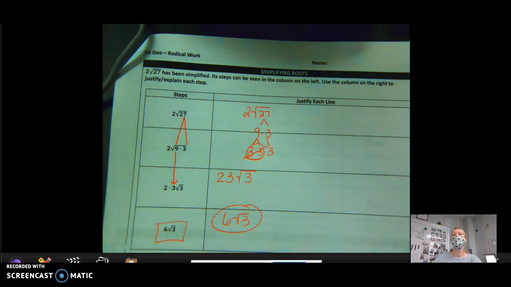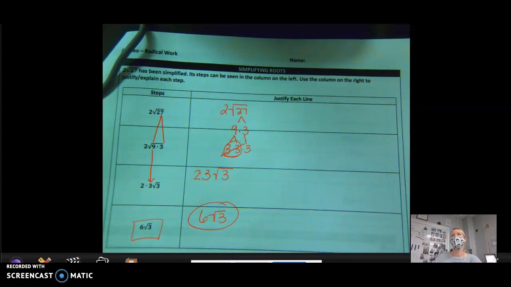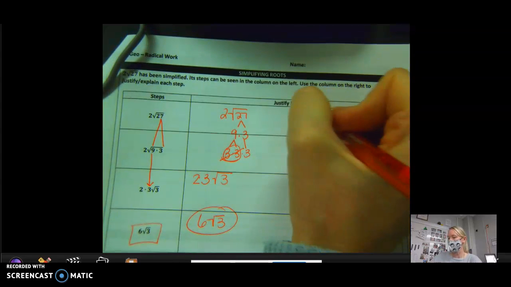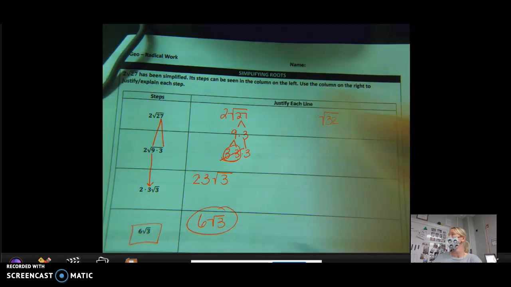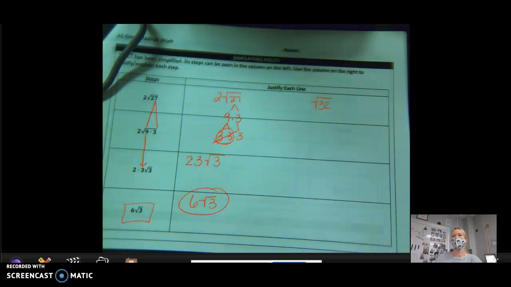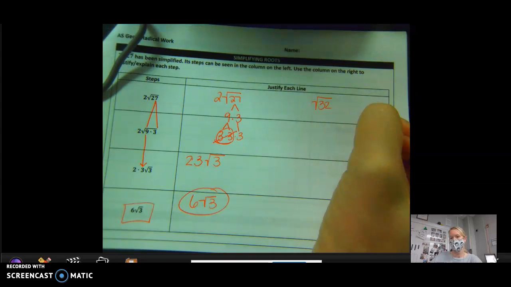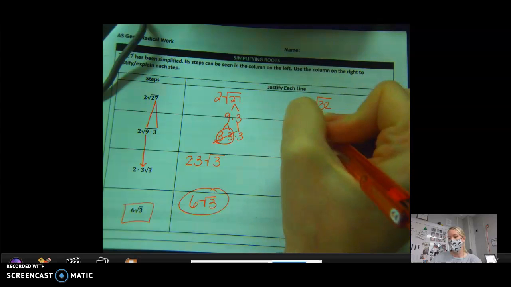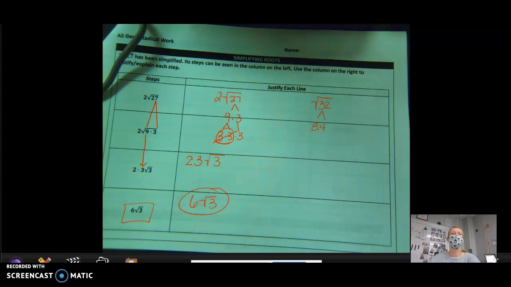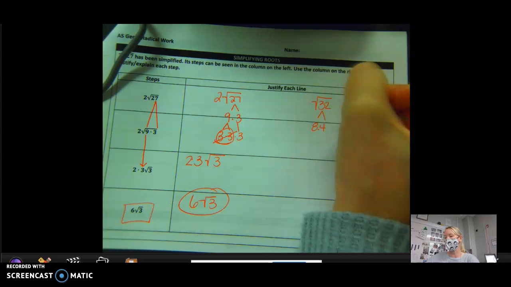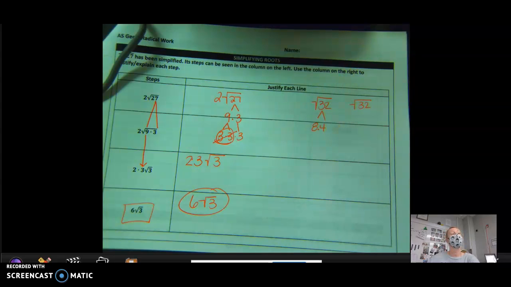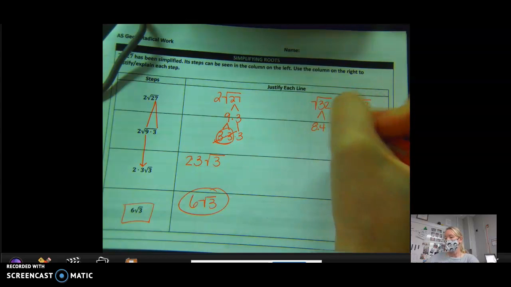Okay? So, for instance, let me think of one real quick. Square root of 32. What does that break down into? 8 and 4. Typically, we think of 8 times 4 before we would think of what's another factor pair with the largest perfect square? 16 and 2.